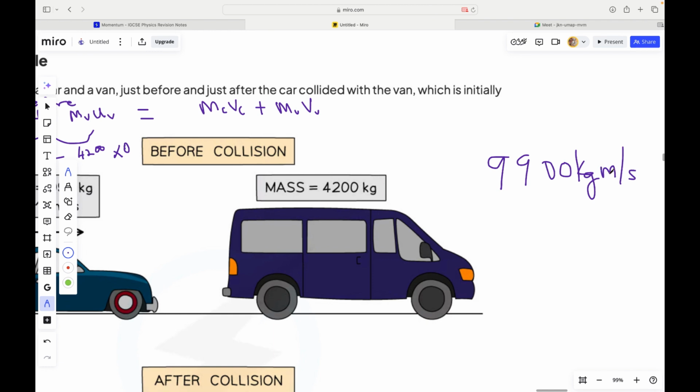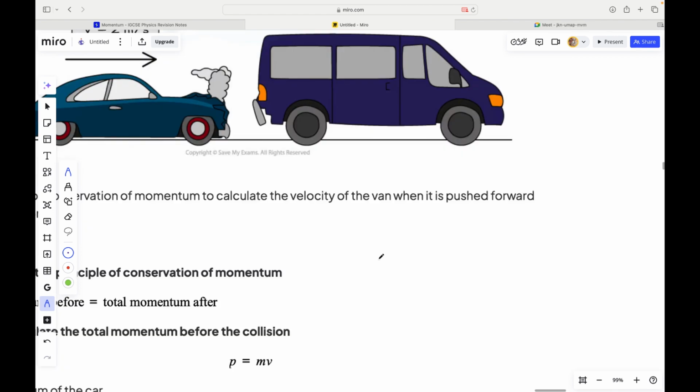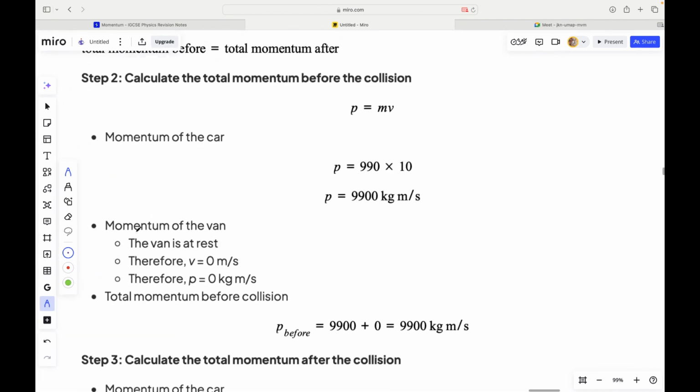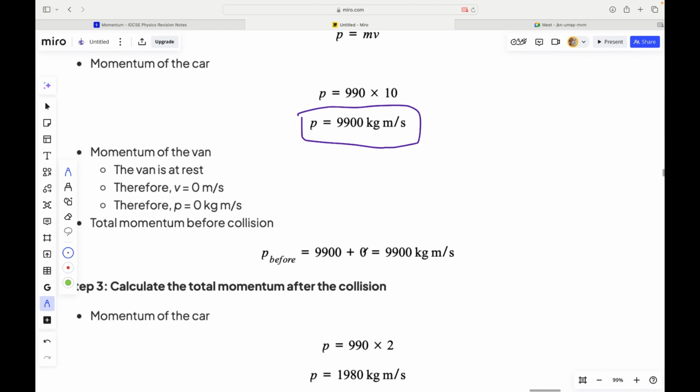The momentum of the van is 0 because the van was not moving. The total momentum should be the momentum of the car plus the momentum of the van before collision, but once you are not moving, your momentum is 0.